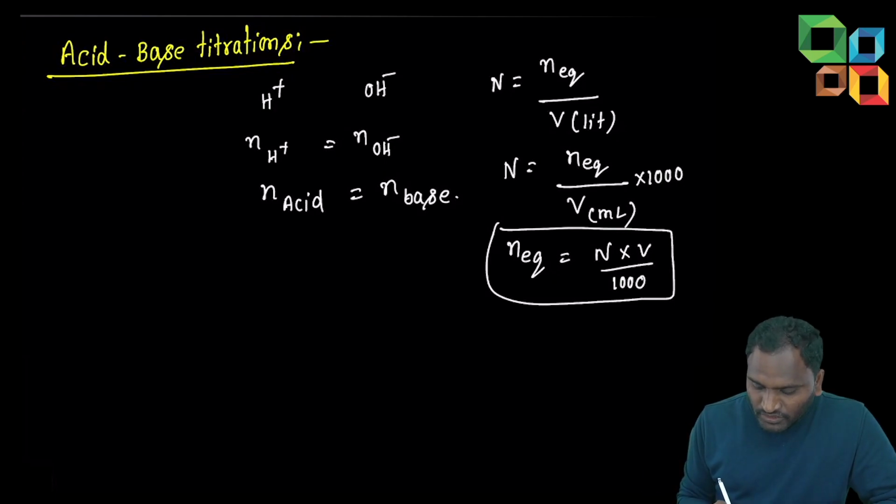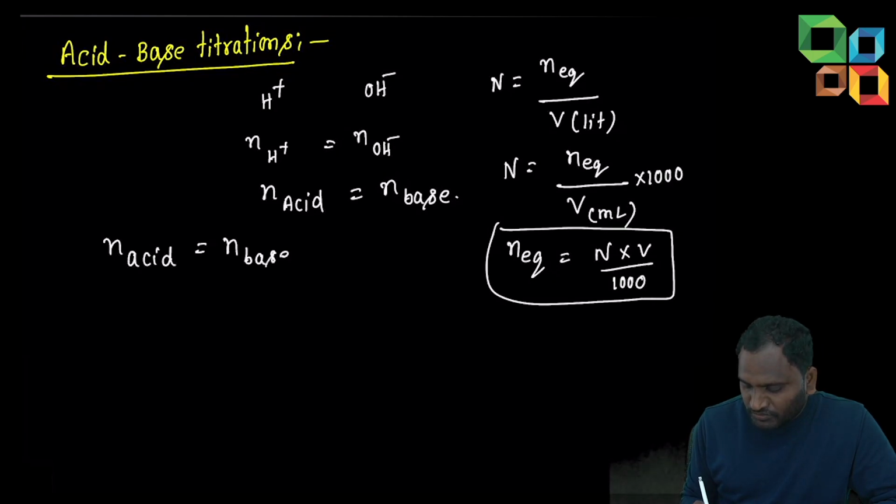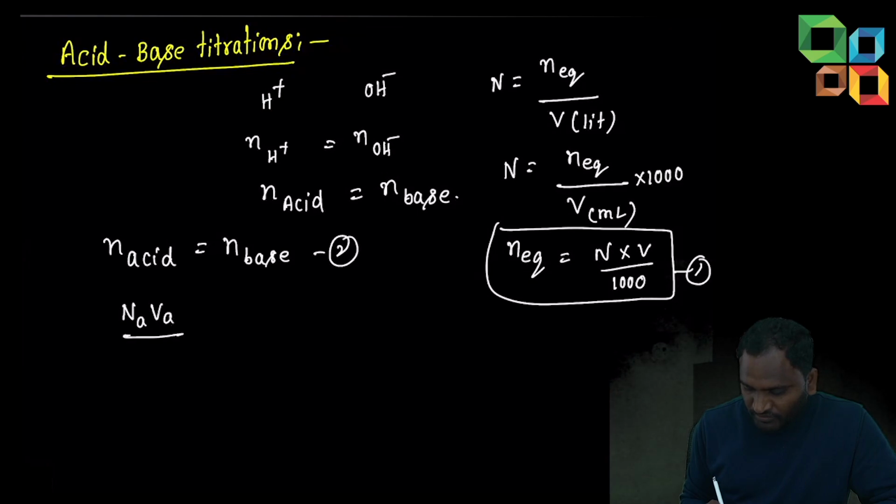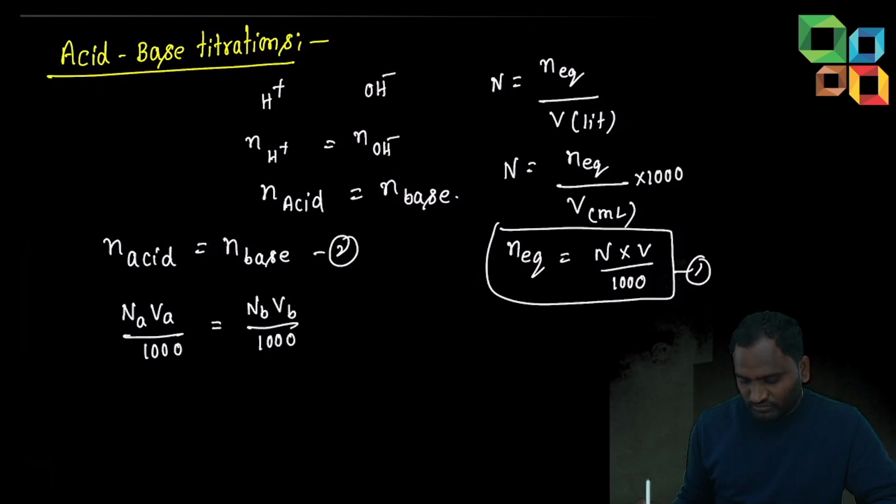See here, the number of equivalents of acid is equal to the number of equivalents of base. From this equation, we can write N acid into V acid by 1000 is equal to N base into V base by 1000.